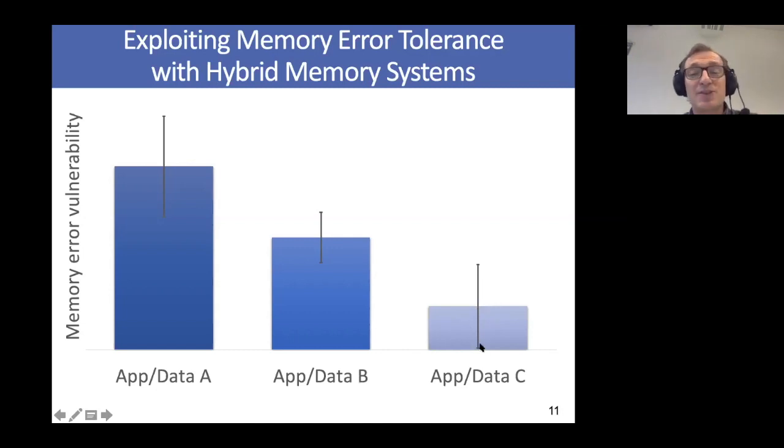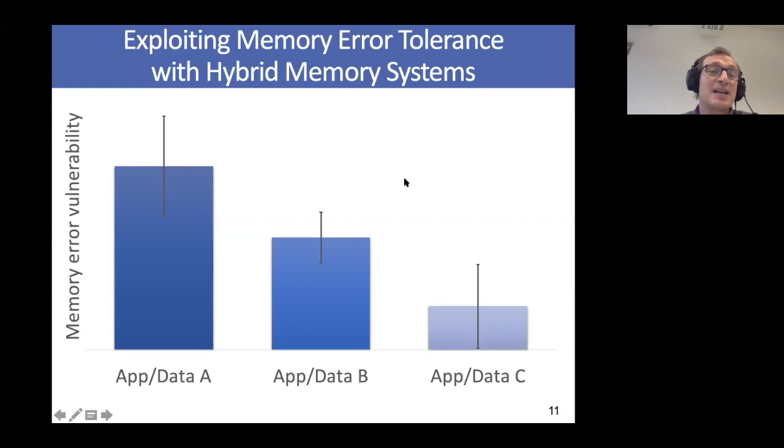Of course, this depends on the application. This depends on what the vulnerability is. I didn't give you a measure, for example, what kind of error rate this application's data structure can tolerate without causing problems to the user. You need to do the hard work to figure that out. But once you figure that out, you can design a much more scalable memory system. And that's the idea over here.